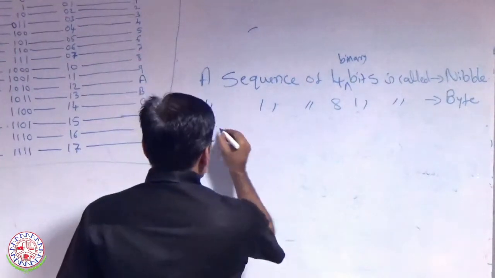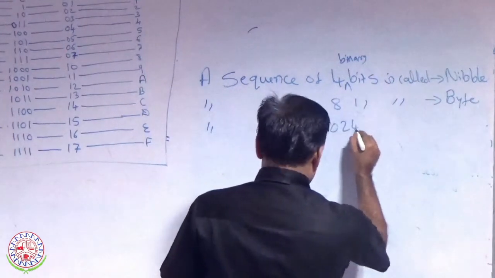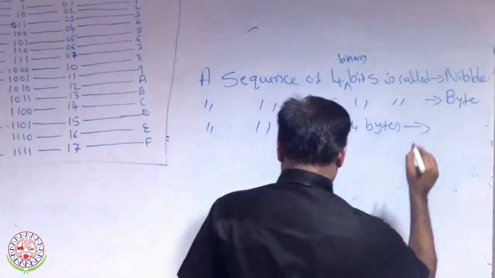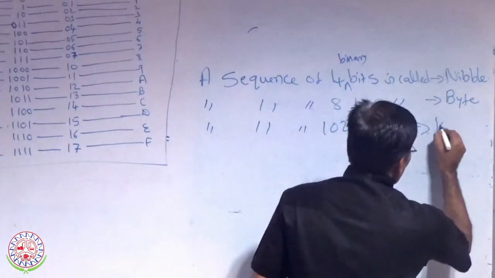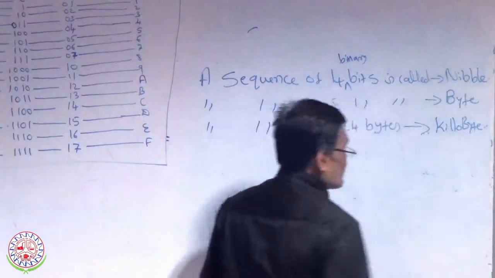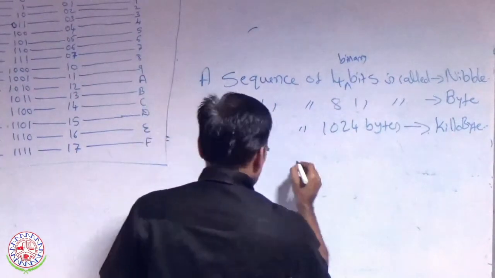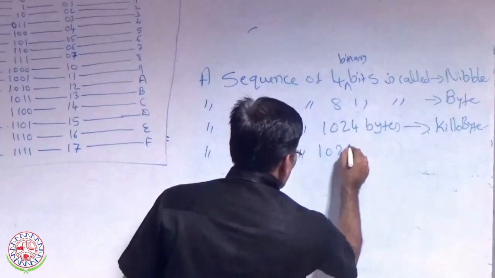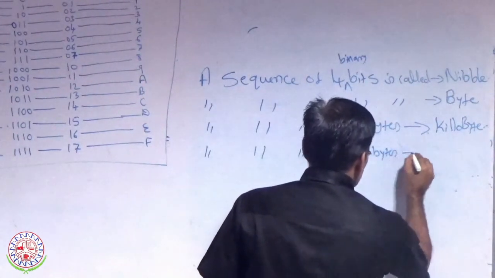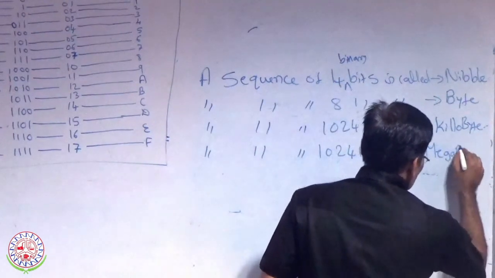Then similarly, a sequence of 1024 bytes is known as 1 kilobyte. Similarly, a sequence of 1024 kilobytes is known as 1 megabyte.